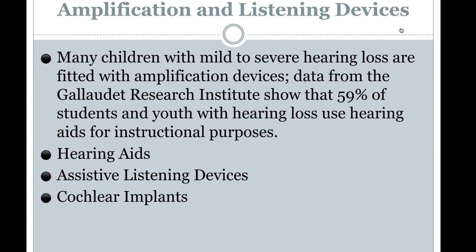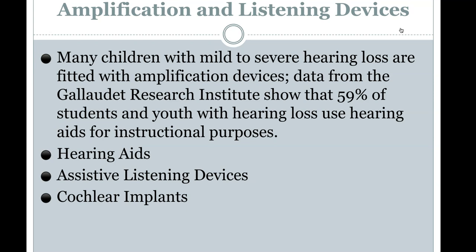Amplification and listening devices. Many children with mild to severe hearing loss are fitted with amplification devices. Data from Gallaudet Research Institute shows that 59% of students and youth with hearing loss use hearing aids for instructional purposes.